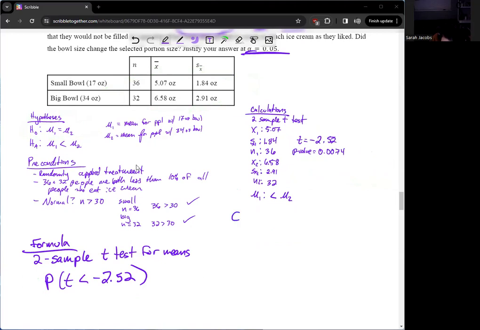So after calculations, we have our conclusion. Always the same conclusion. Slightly different context, always the same words.